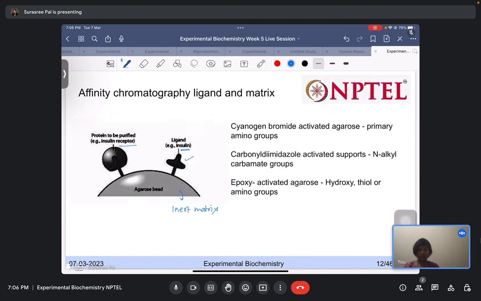This insulin receptor will actually attach to the insulin molecule by highly specific biological interactions, and therefore the rest of the proteins will come in the flow through, but only the insulin receptor will go and attach to the ligand, right?